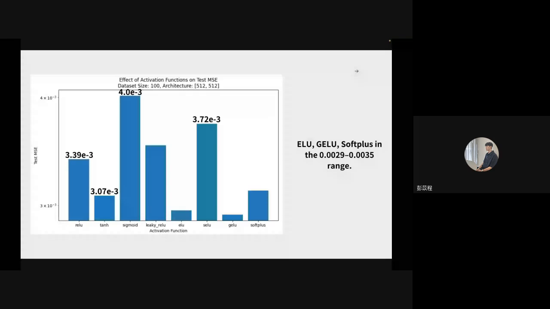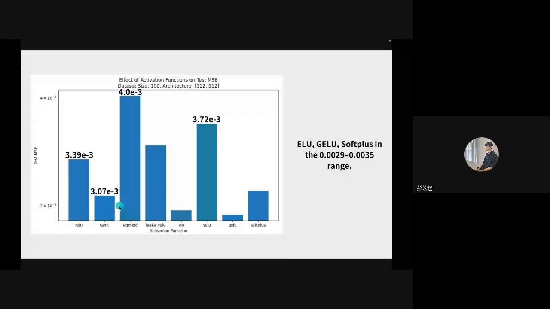And next is the activation function test, like ReLU, hyperbolic tangent, sigmoid, and others. The values are already on the figure.